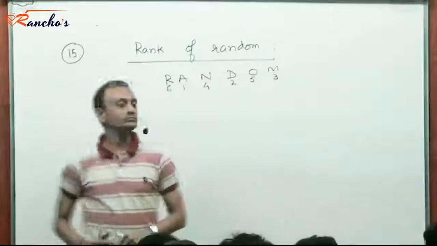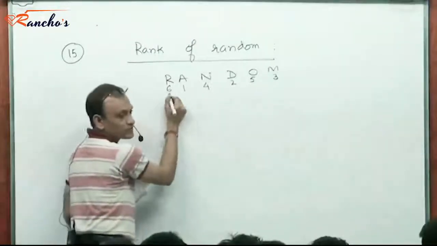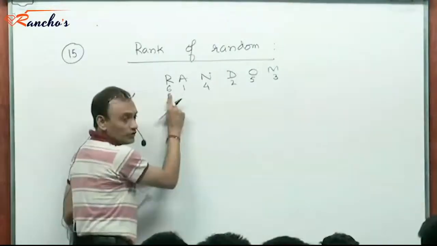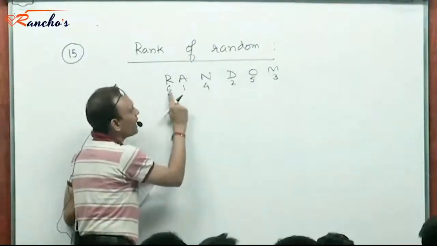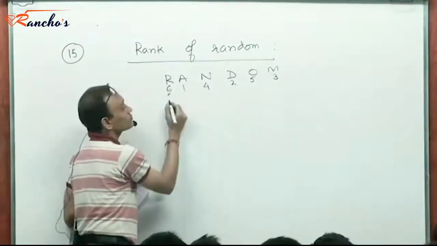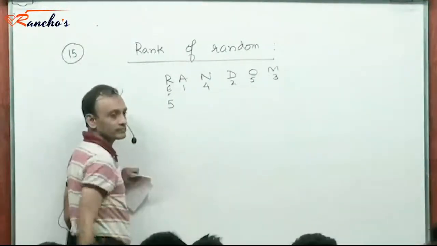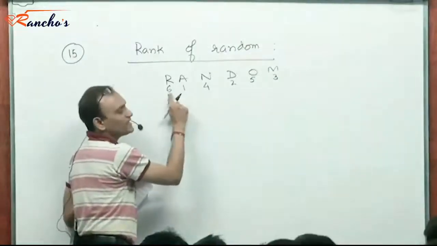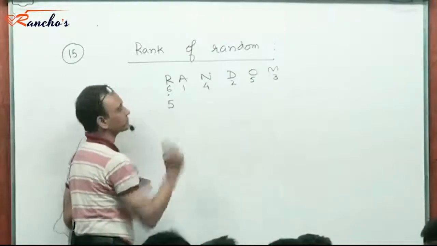Now, come to this first place, right? Now, to the right of this R, how many are less than 6? 5. So write a 5 here. Look at all numbers to the right of R. How many are less than 6? 5. Okay.